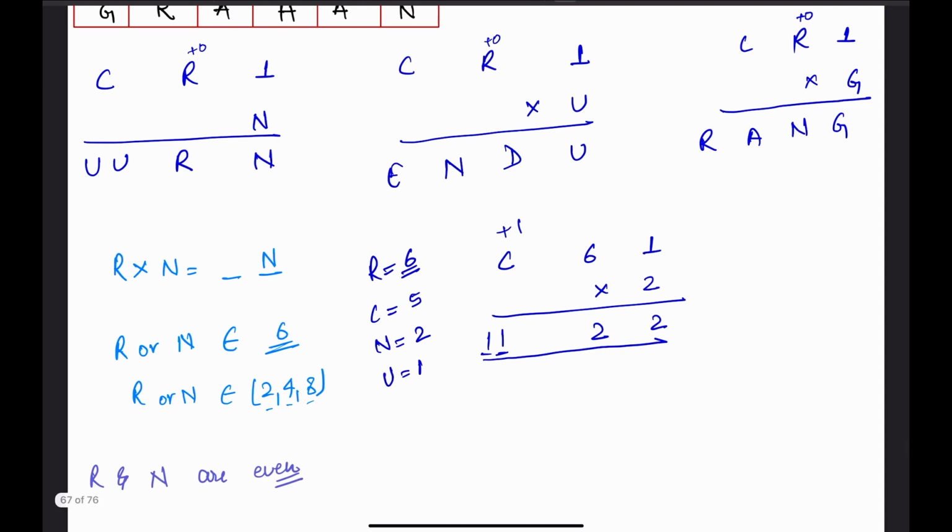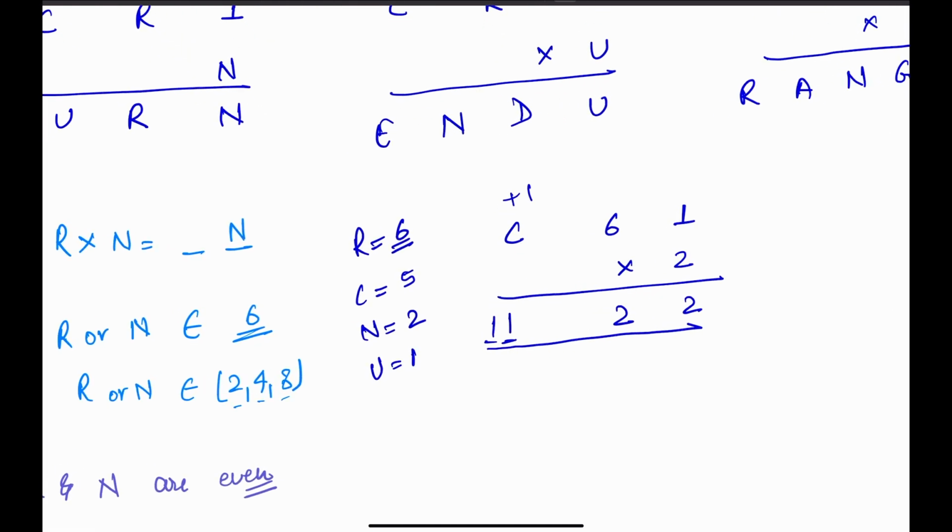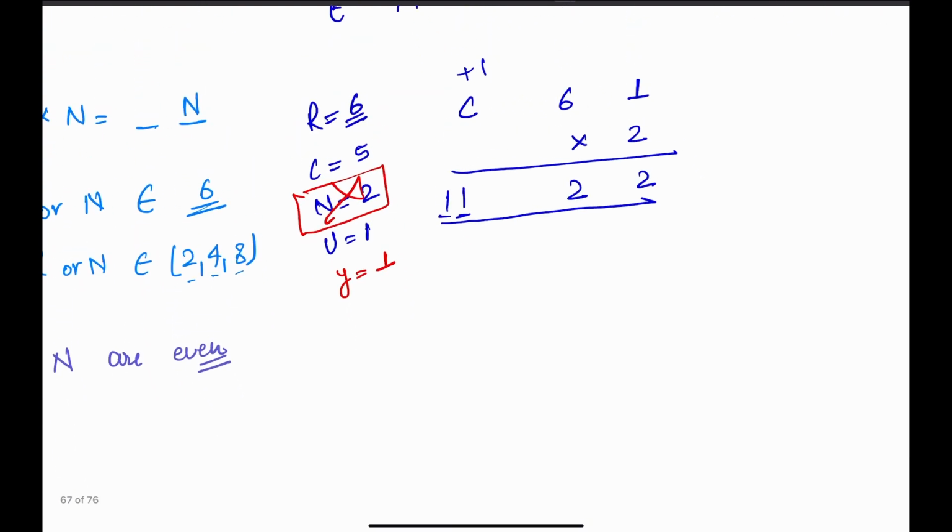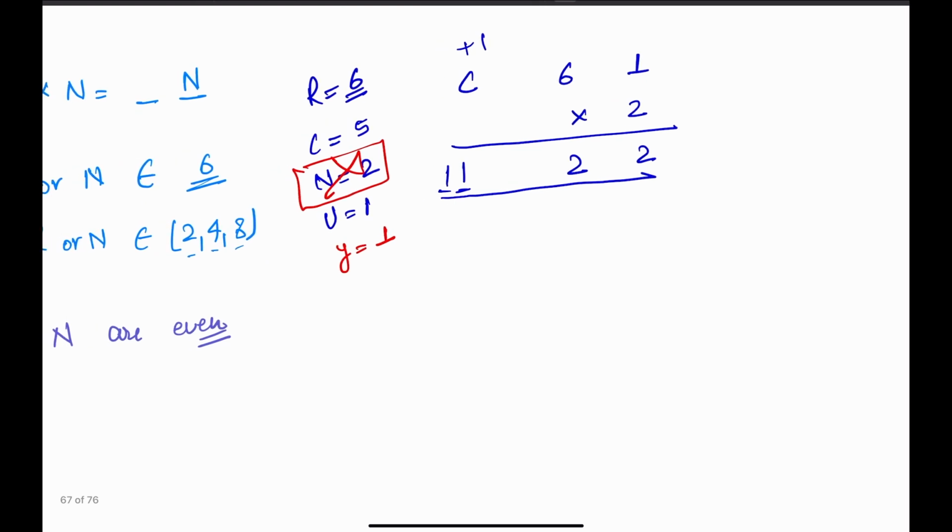But if I take this value, it will contradict, because I know that my y is already 1. So what I can say, n being 2 is not a possibility when r is 6. Okay, so let's take a different possibility. My r is 6, my n can be 4. See, my n is 4, right?